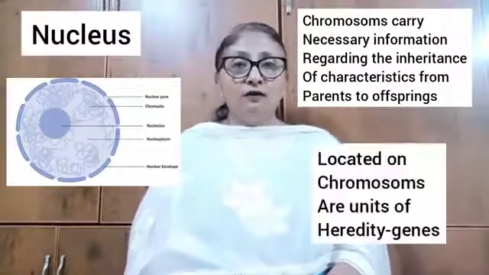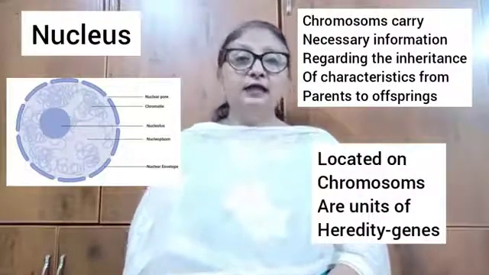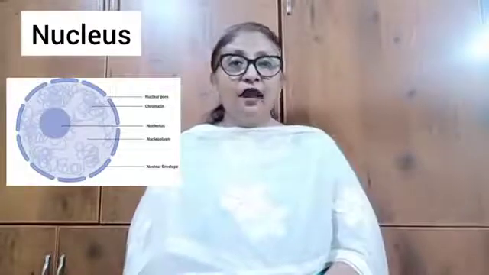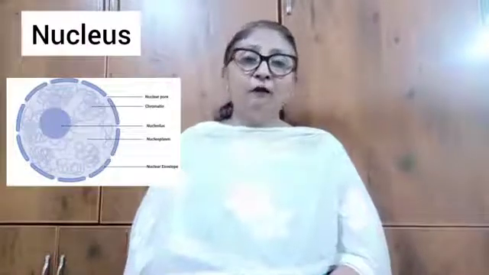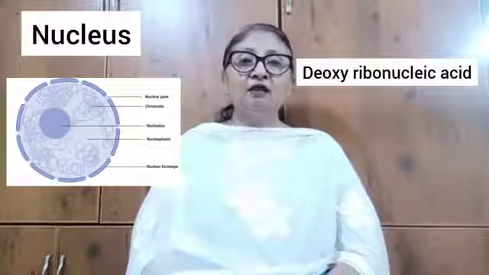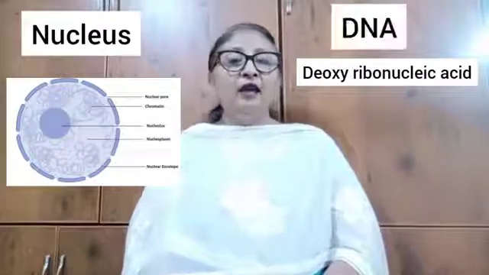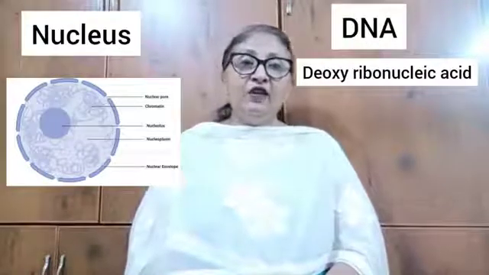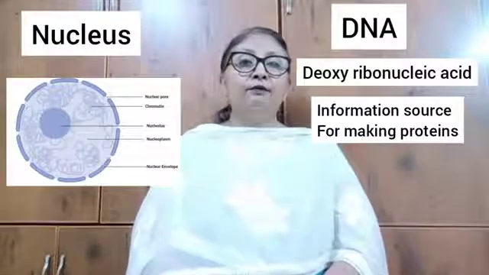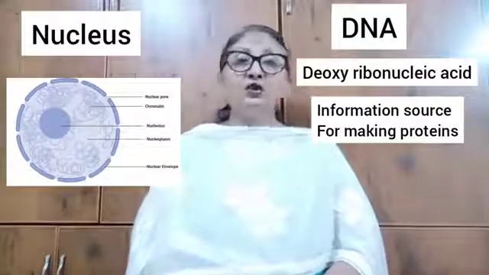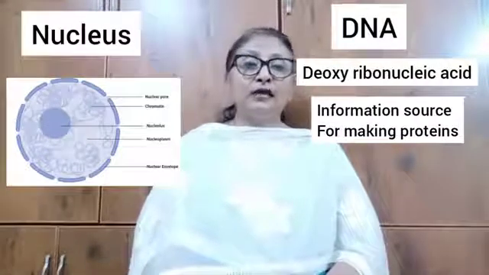Located on the chromosomes are units of heredity known as the genes. Chromosomes are made of DNA and proteins. The full form of DNA is deoxyribonucleic acid. DNA carries information for the production of proteins, or DNA is a source of information for production of proteins.